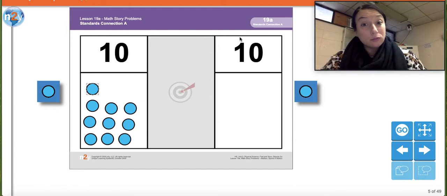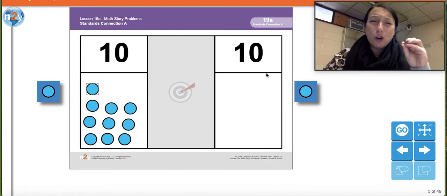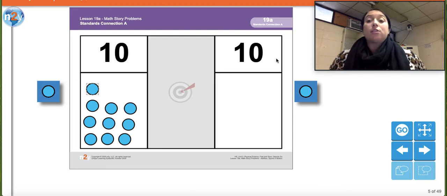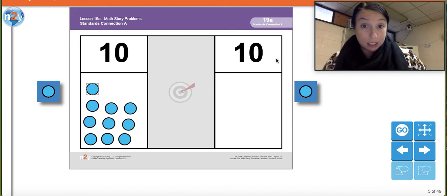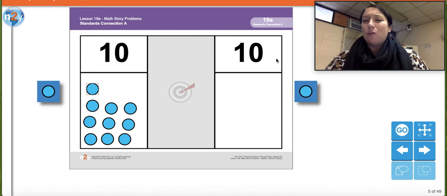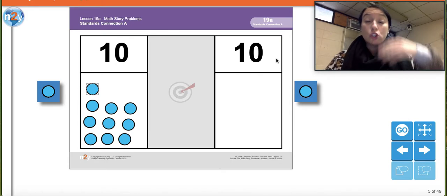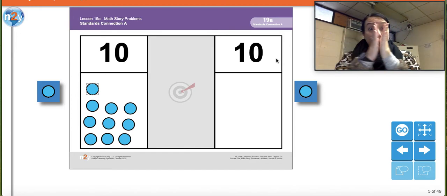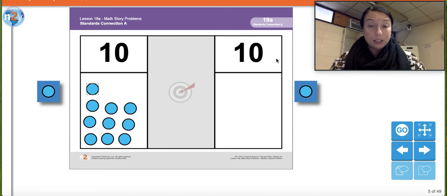So let's do this side. But before we start counting out, I want you to make an observation for me. Let's look at this top number. We've talked a lot about things that are similar and different, correct? What do we see that's similar? What Miss Ashley sees as similar is there are 2 single-digit numbers that make one number, correct?